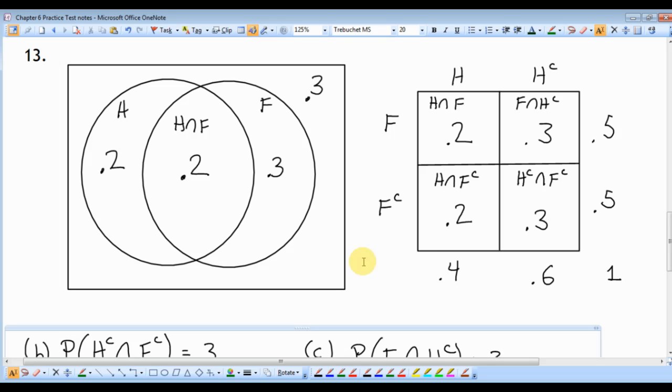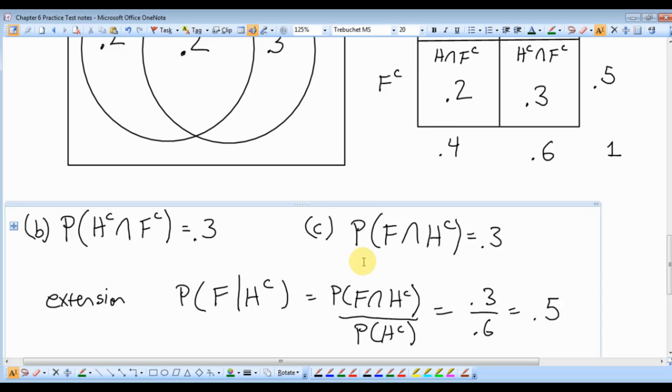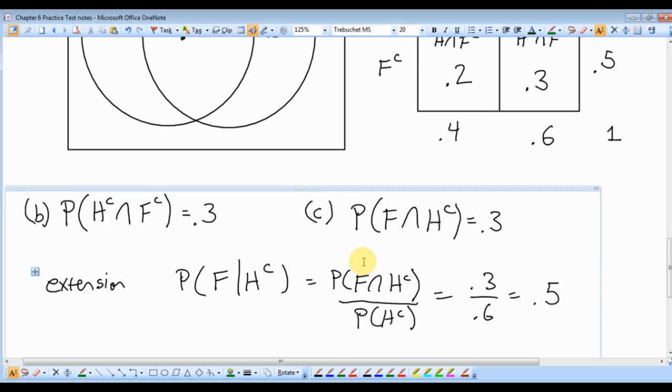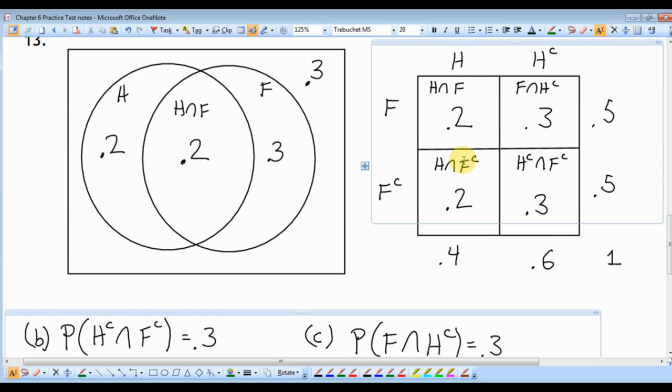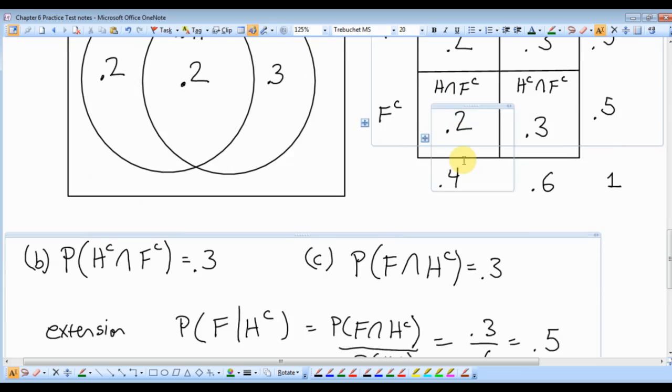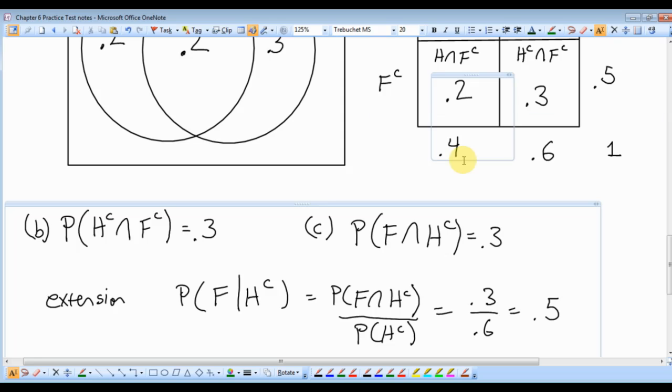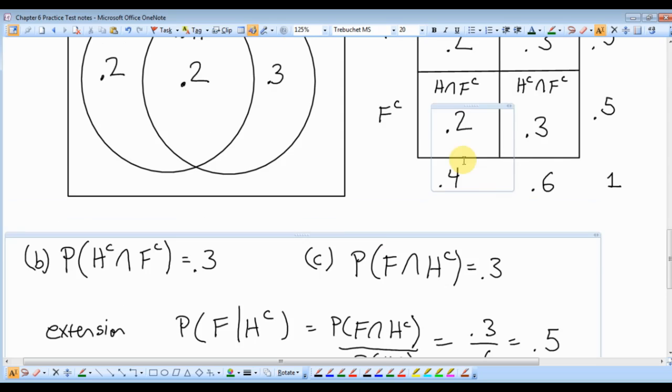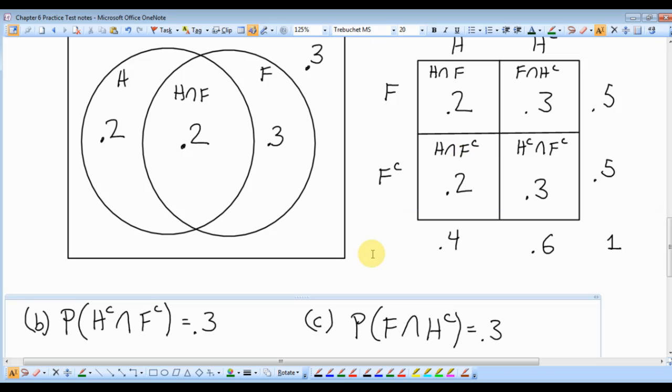Once we have those charts, the rest of these questions fall out pretty easily. We have our Venn diagram again. You're welcome to use a probability chart instead of the Venn diagram. I would actually recommend the probability chart, because then you can answer all sorts of questions like letter B: what's the probability that neither university admits her?